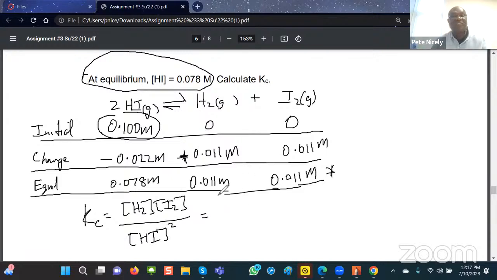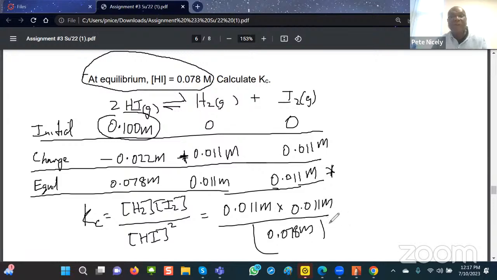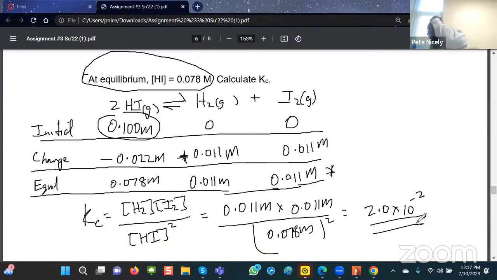So the numbers that we're going to put in is 0.011 M multiplied by 0.011 M divided by 0.078 M squared, and according to my calculations, this works out to be equal to 2.0 times 10 to the minus 2, and that would be the value of Kc for this system.